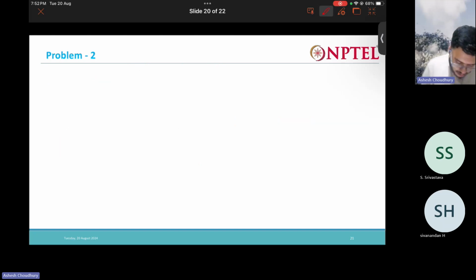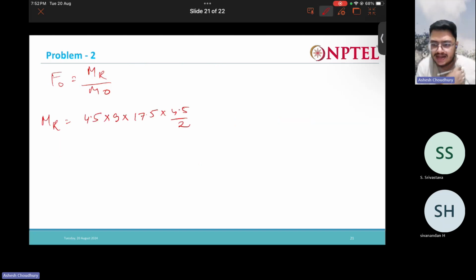But when they have calculated for the overturning, you might get confused with this, so what I suggest, you don't calculate it like this. Whatever I showed in the previous problem, you follow those steps and calculate that way.